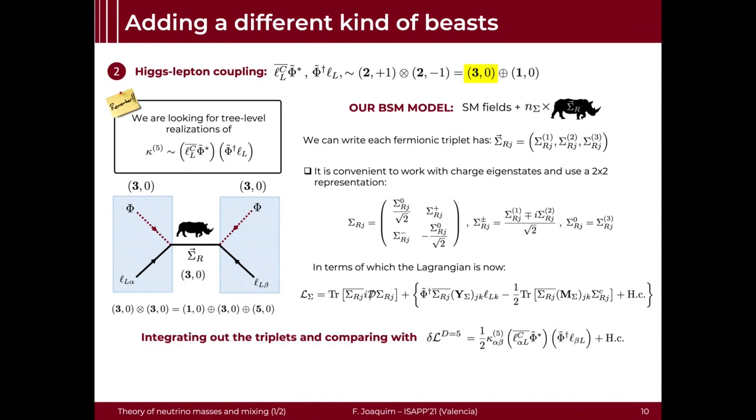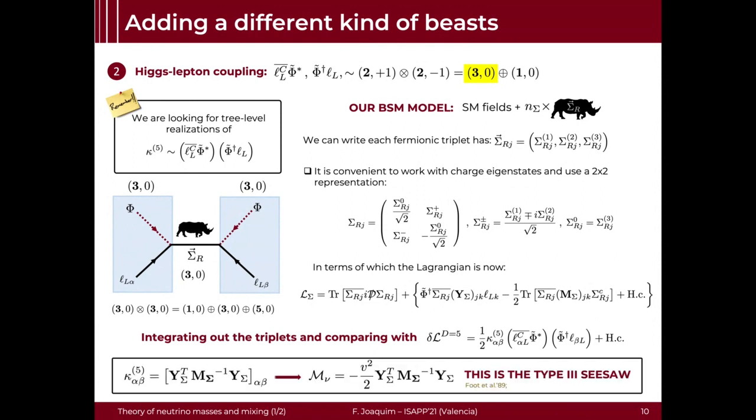Okay. Now you can again do the exercise of integrating out the triplets and compare with the general form of the Weinberg operator. I leave it to you as an exercise, but at the end you will see that the coefficient of the dimension 5 operator is y sigma transpose, the inverse of m sigma, y sigma.